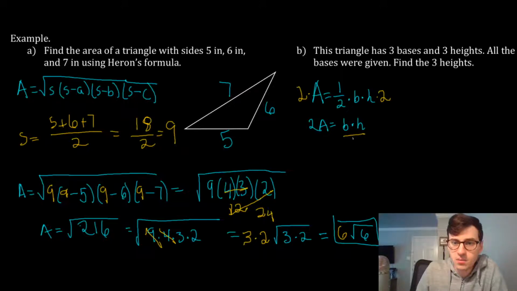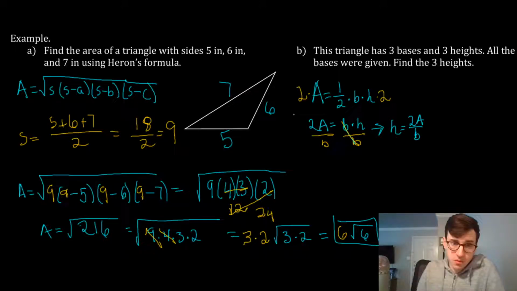Let's divide both sides by b. The b's cancel out. So we're left with height is equal to twice the area divided by the base.